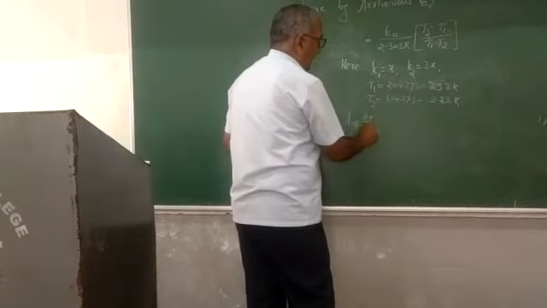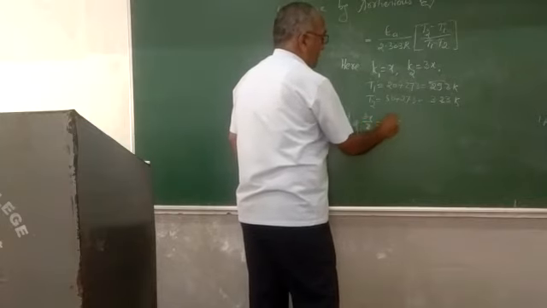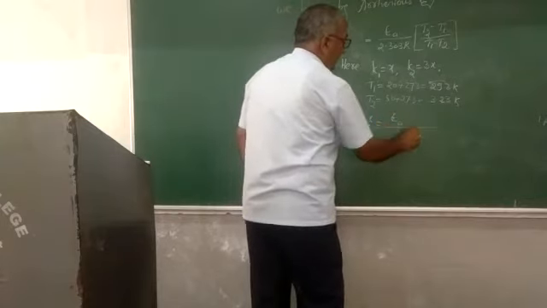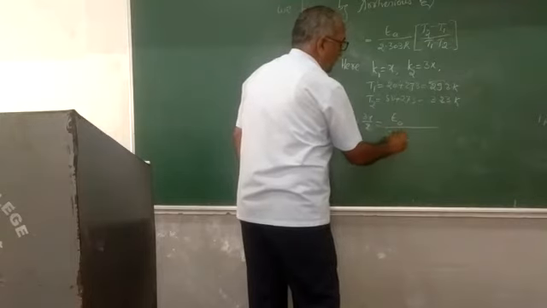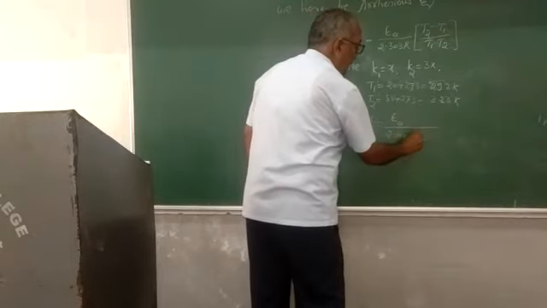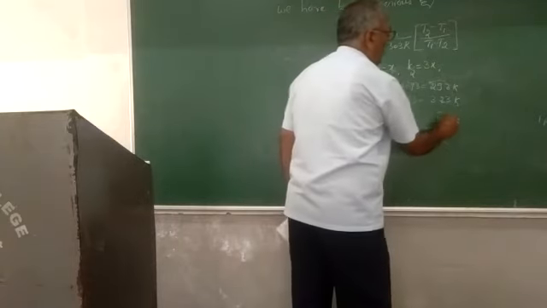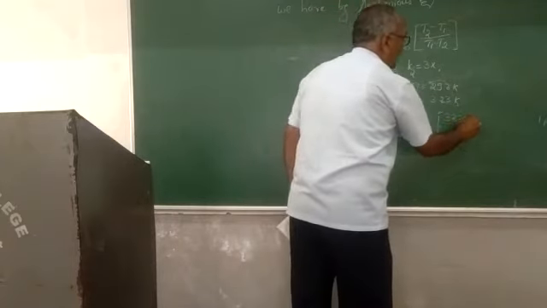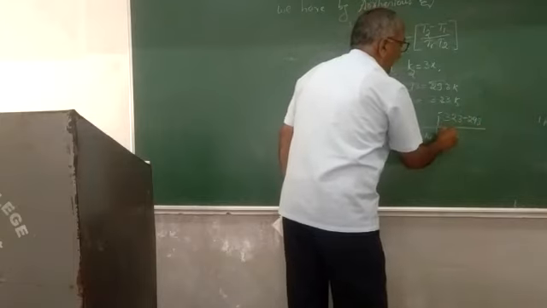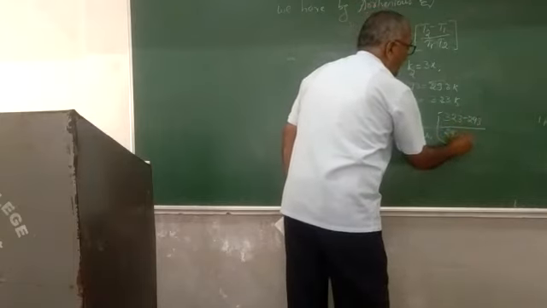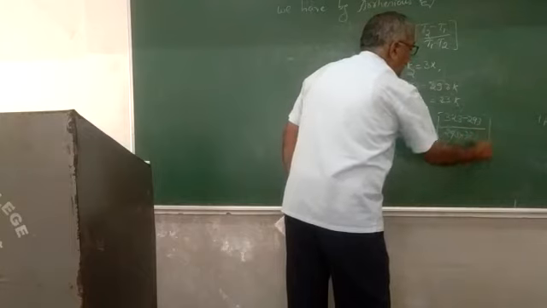Log of 3x divided by x is equal to Ea divided by 2.303 into 8.314 into 323 minus 293 divided by 293 into 323.